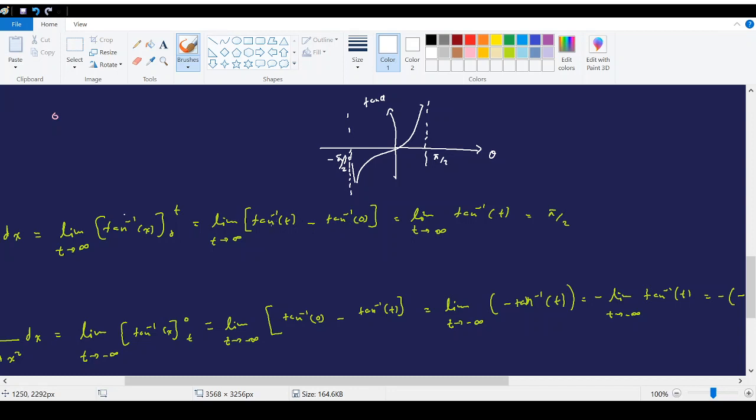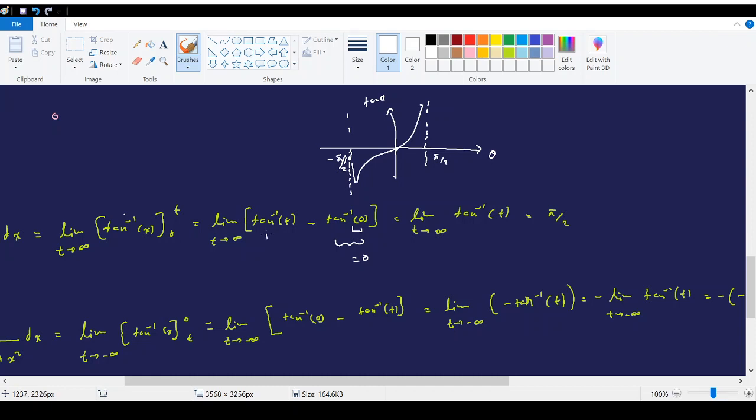So this is tan inverse, so we should consider the inverse of this function. Now in other words, if you consider this one, what is the suitable x value for y to be 0? That is 0. That means tan inverse 0 is 0.